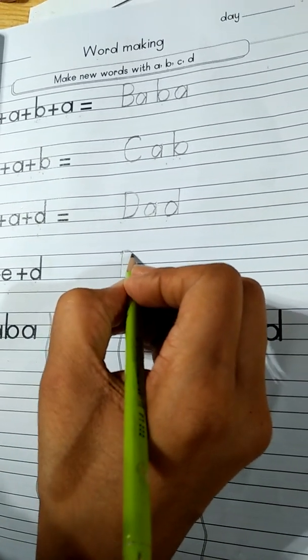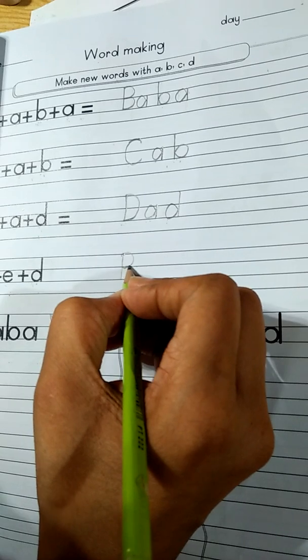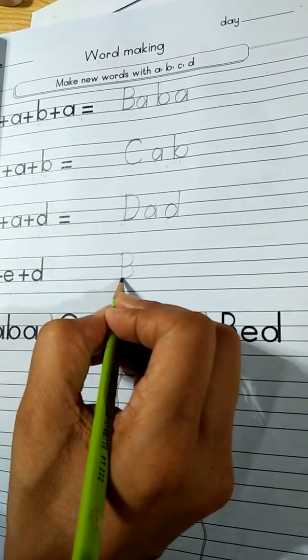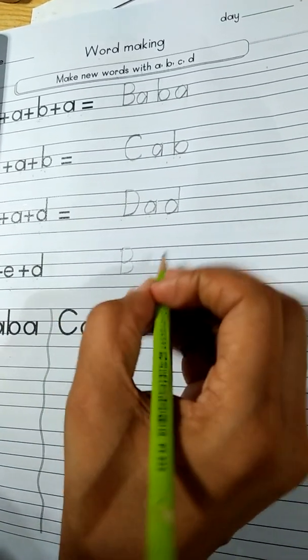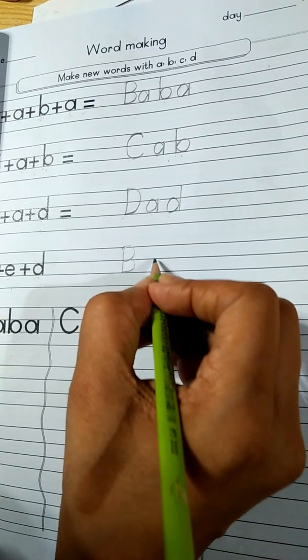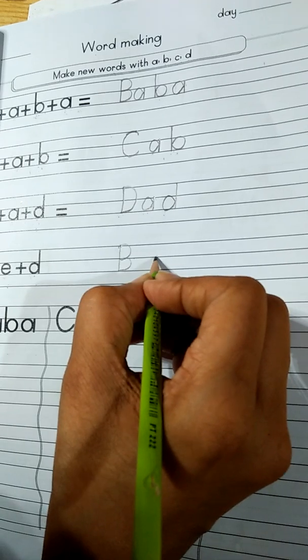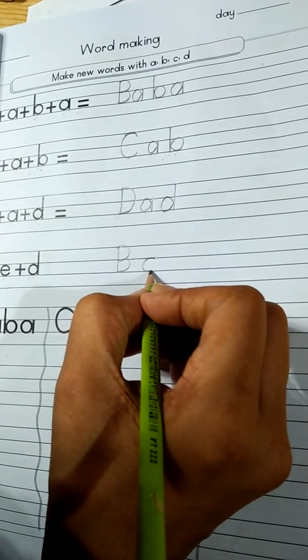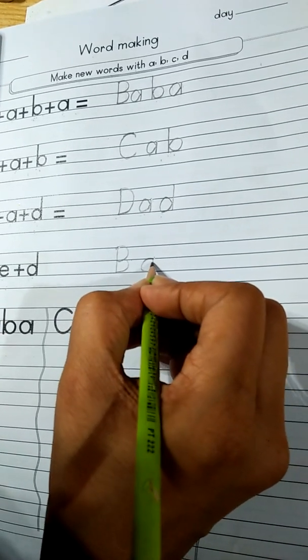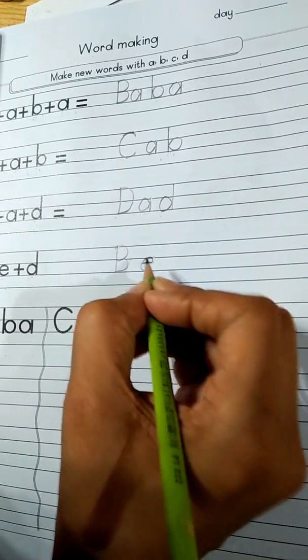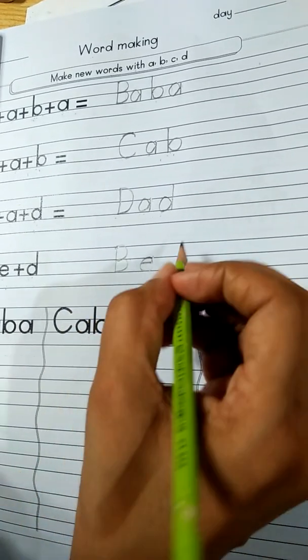And start from here, one semicircle this side and second semicircle in the end. This is capital B. Now small e, we use middle two lines. Point here pencil and make semicircle and use slipping line for small e.